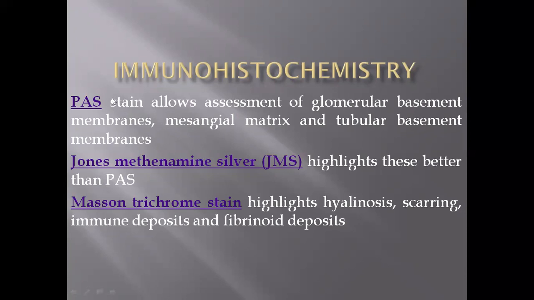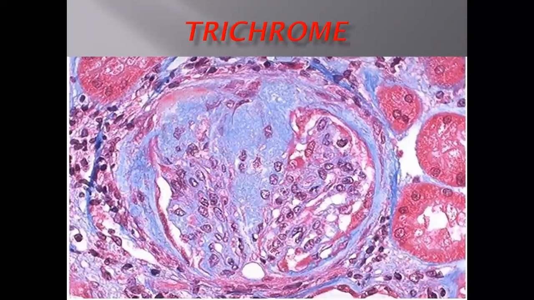In comparison, the PAS and the GMS highlight those properties much better, and the trichrome stain helps us make a judgment on hyalinosis, immune deposits or any fibrosis. This is just a brief review, but when we discuss diabetic nephropathy and the proliferative diseases, we will see the role of these stains much more, and we will discuss further as well.